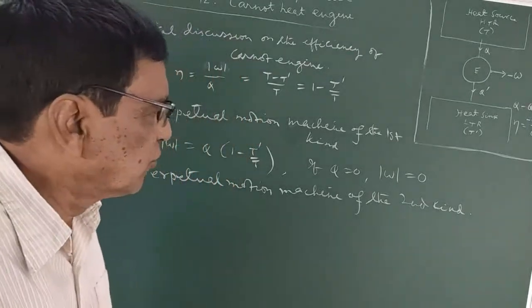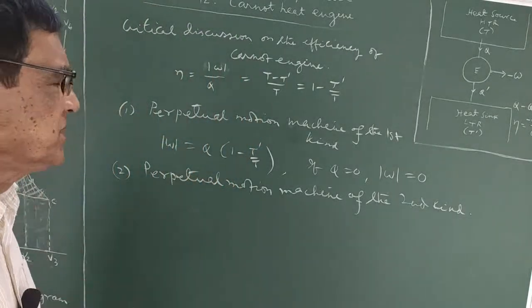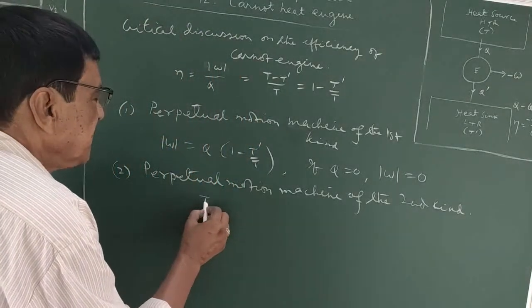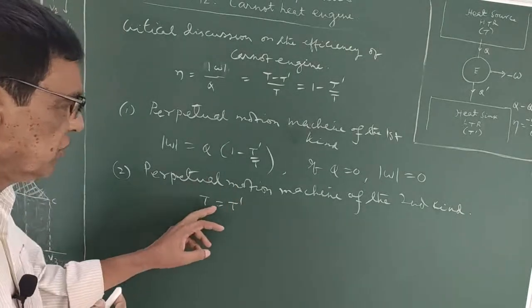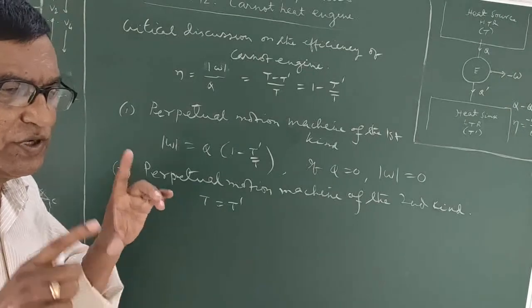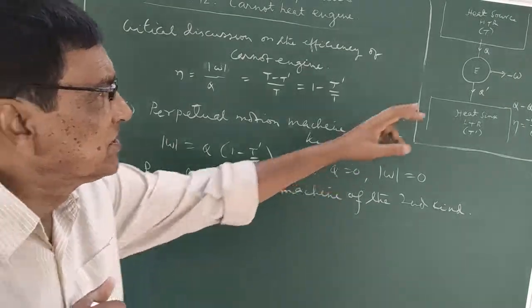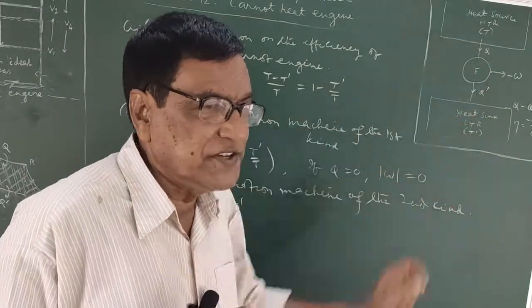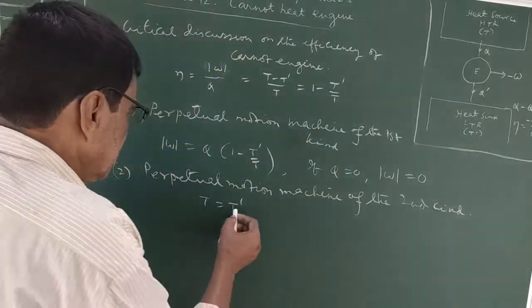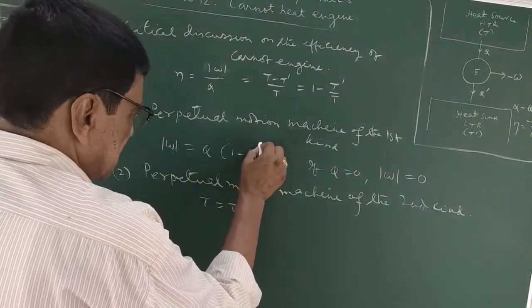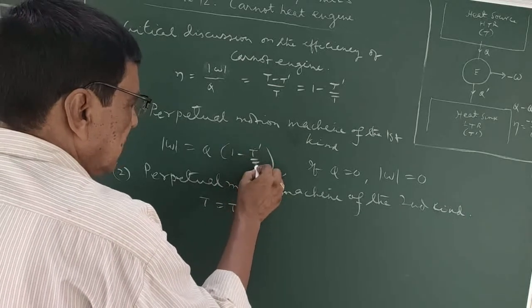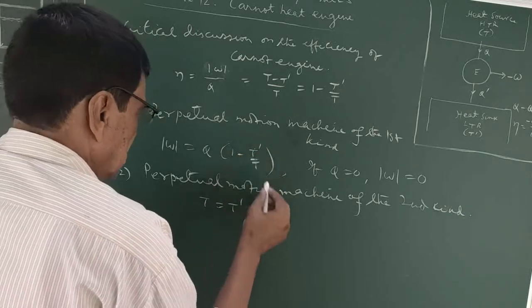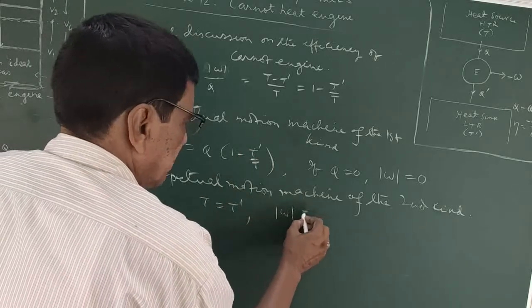One source means T equals T dash. Whenever T equals T dash, only one reservoir is there, not two reservoirs. Then T dash and T are equal, so 1 minus 1, and in this case also W equals 0.